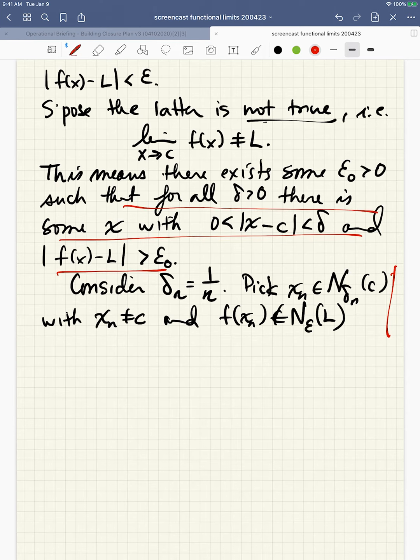So for each n, I can find a delta n and an xn that has this property.